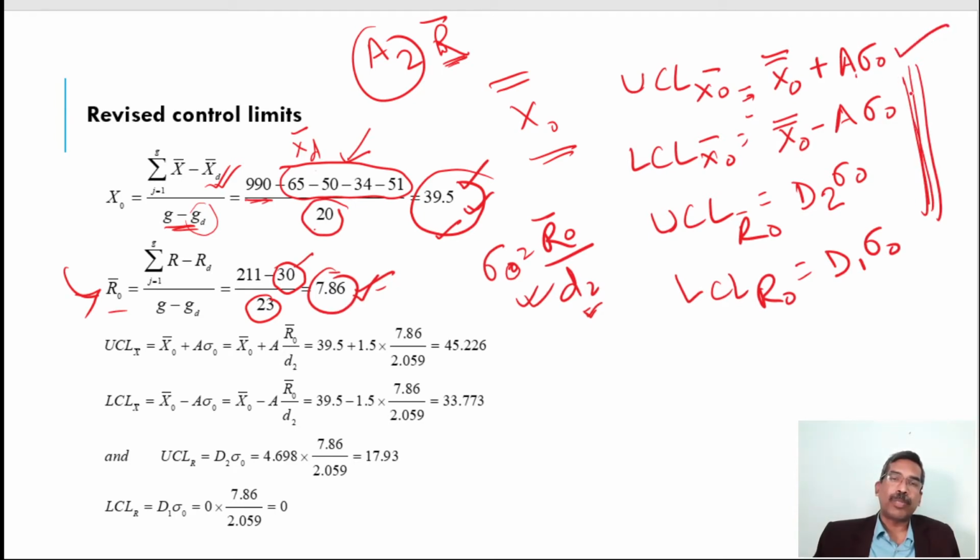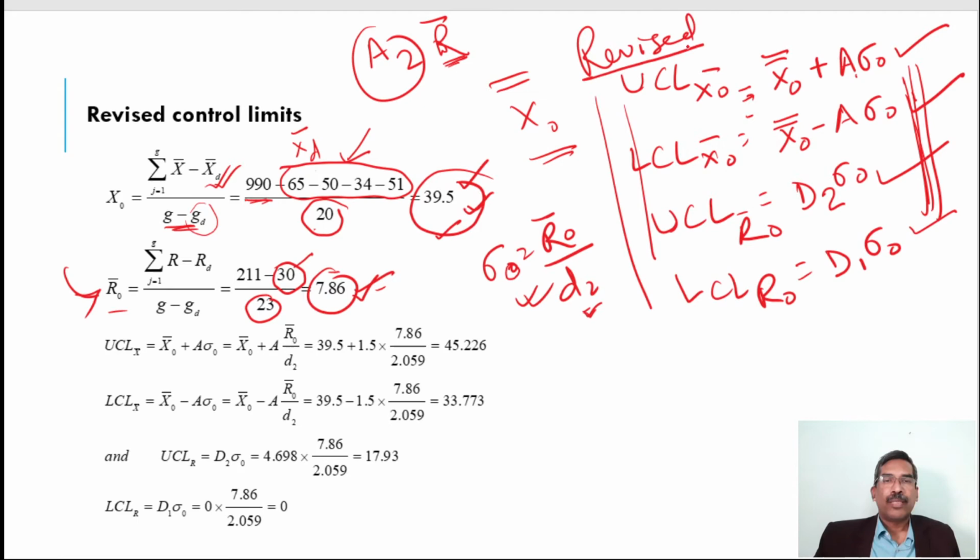That is, this is the upper control limit for the X bar chart, this is the lower control limit for the X bar chart, this is the upper control limit for the R chart, this is the lower control limit for the R chart. So this is the revised value. Now you can see in this problem, this is the revised value, and this value of A is taken here 1.5.